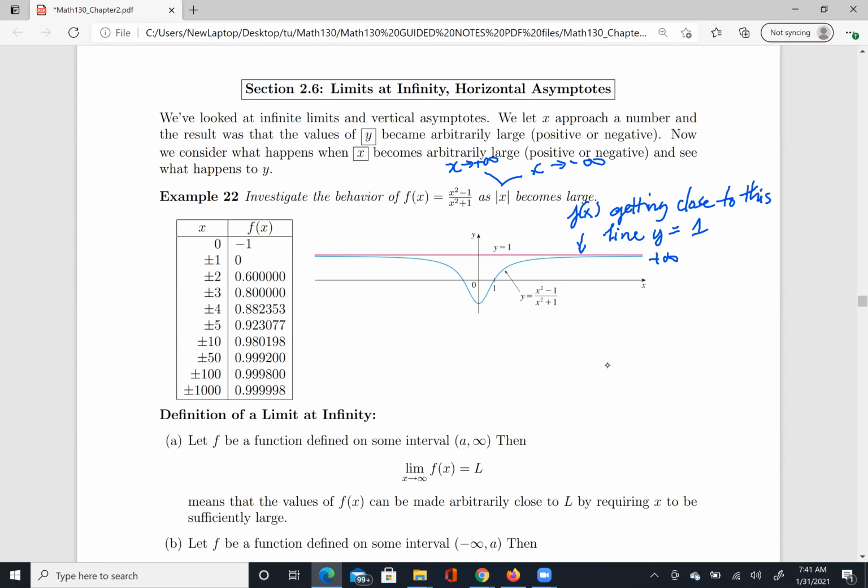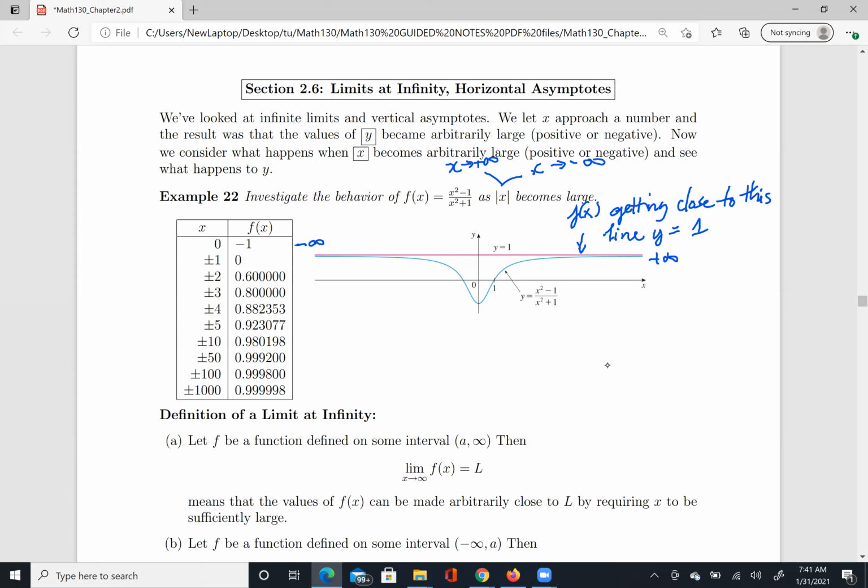Similarly, from the left hand side over here, when you make x become negative infinity, you see that the graph is also getting closer and closer to this line y equal to 1.